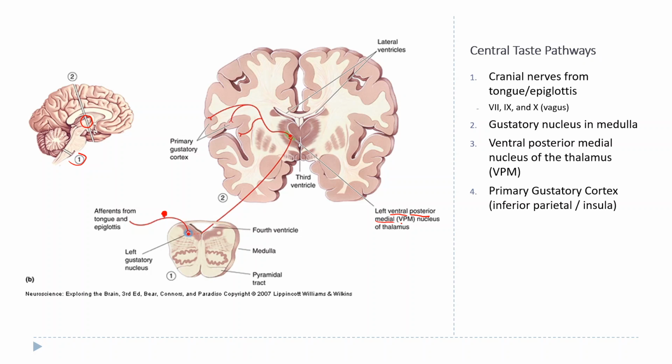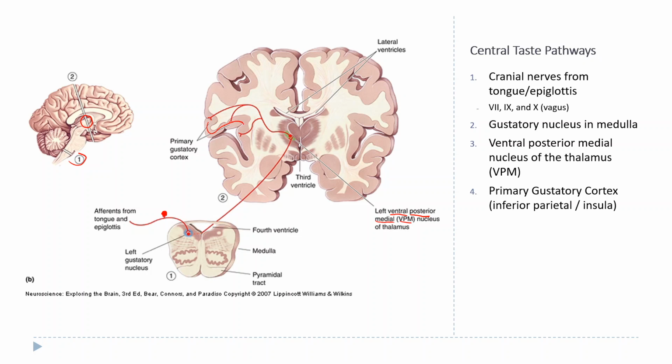or just the VPM. This is how the thalamus is laid out. It's got a bunch of different nuclei, and each nucleus is usually named after roughly where it's located. This nucleus is in the ventral posterior medial part of the thalamus, so that's where the name comes from, just the VPM. Those neurons have axons that go to the cerebral cortex, specifically to what's called the primary gustatory cortex.